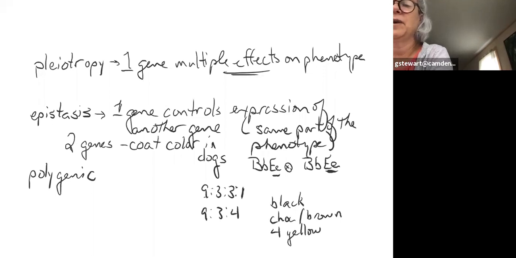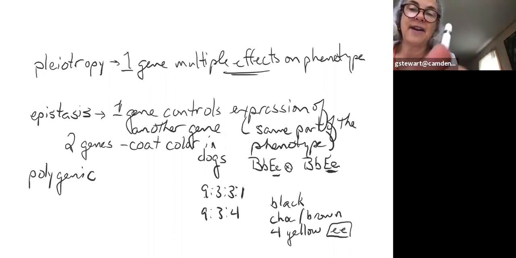And that's because when 2 little e's get joined together, that prevents the color gene from depositing either black or brown in the hairs on the dog. So anytime there's 2 little e's, this gene actually controls whether or not the B gene gets to put down the pigment. So all the dogs that have 2 little e's are all yellow.